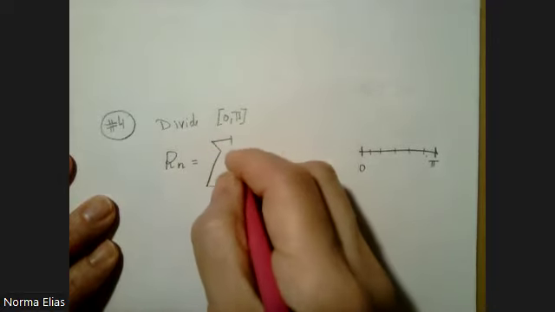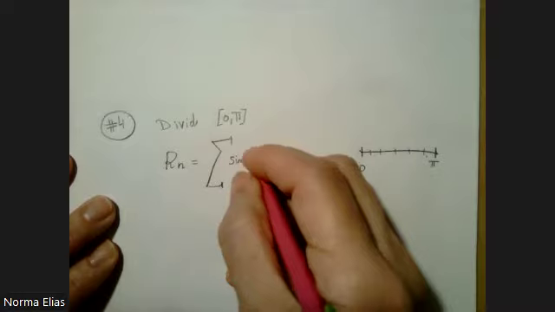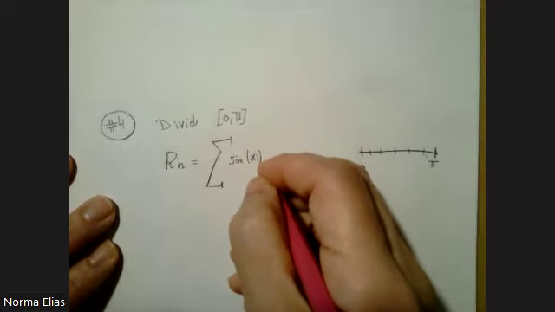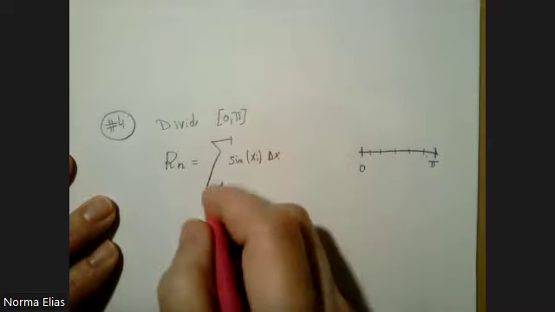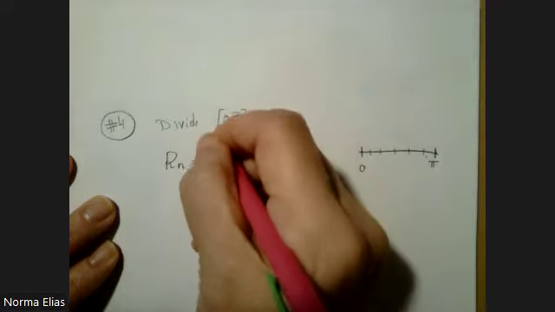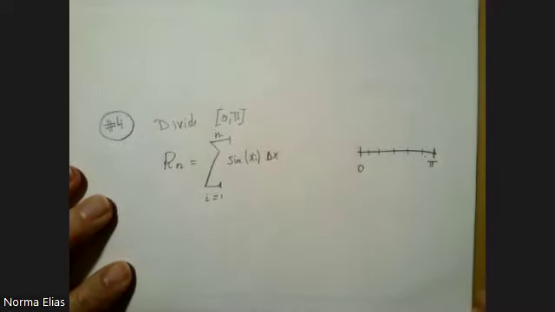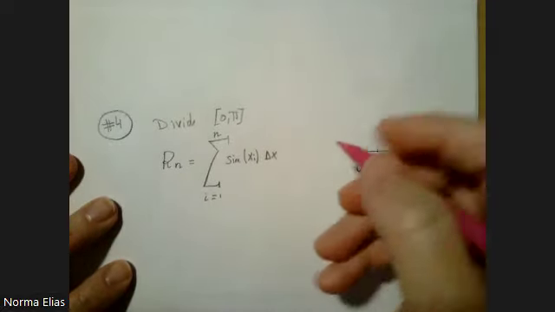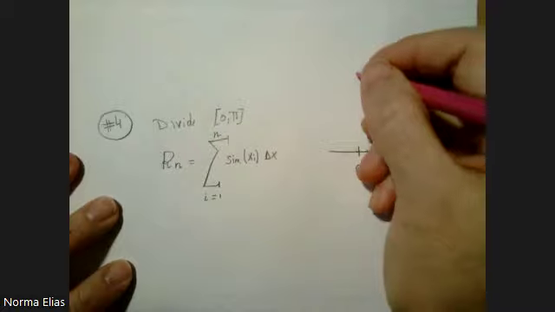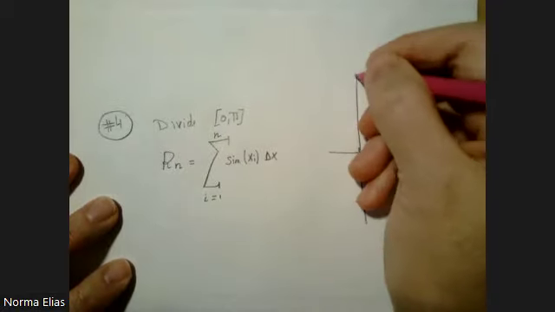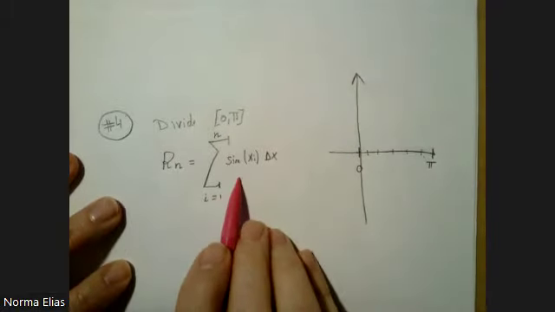Sigma of sine of xi times delta x, i equal 1 to n. So in my mind right now, when I see this, I start seeing the following. This is a Riemann sum.